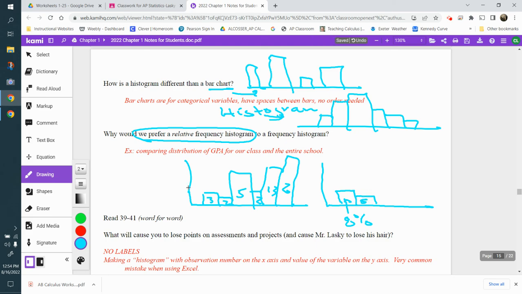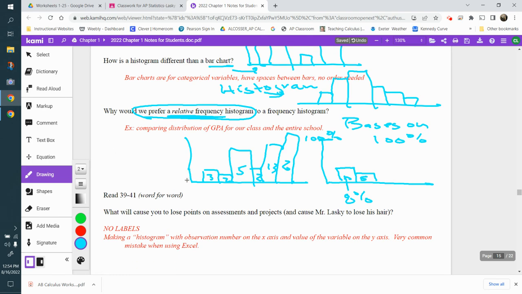And so again, this is percent, where a relative frequency histogram bases it on 100%, and it allows us to visually see it a little bit better because it's based in percents.